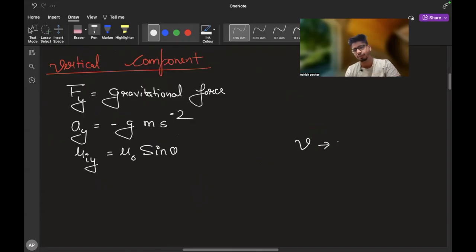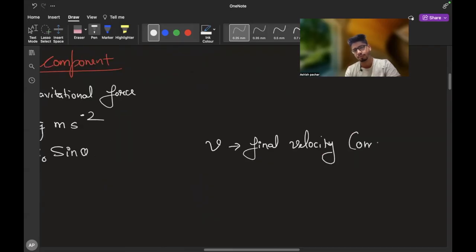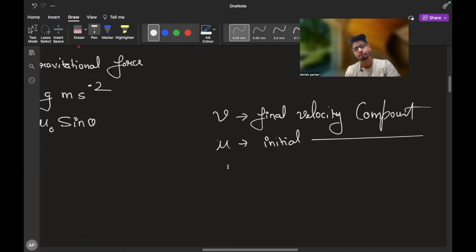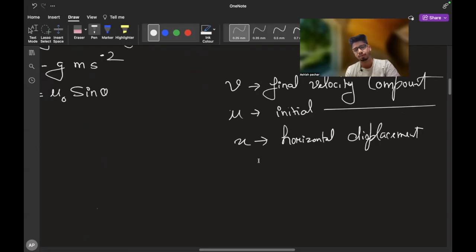So v is the final velocity component and u is the initial velocity component. x is the horizontal displacement, and y is the vertical displacement.